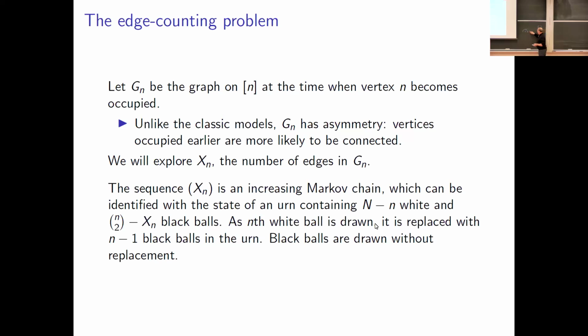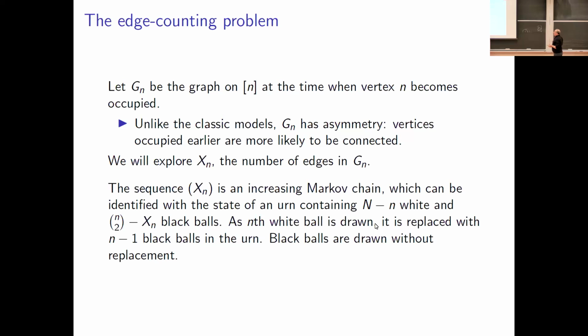So G4 will have this isolated. But at this time, if we add the last vertex, we put 3 edges in the pool. So let Xn be the number of edges, and the nice thing about this Xn is that it's an increasing Markov chain, and because it's a Markov chain, we can say something useful about how it grows.